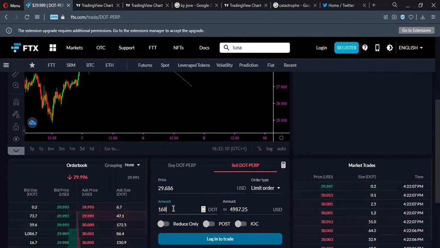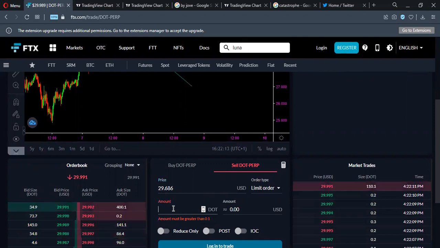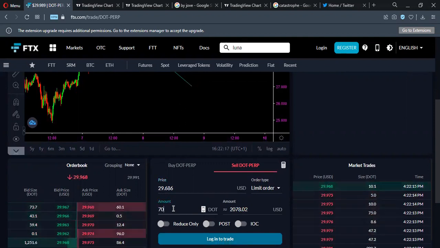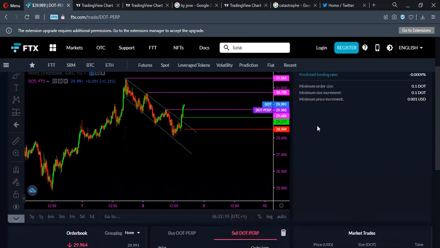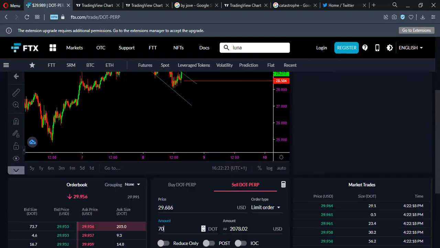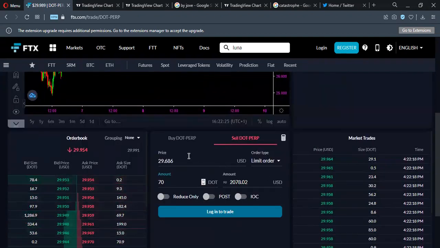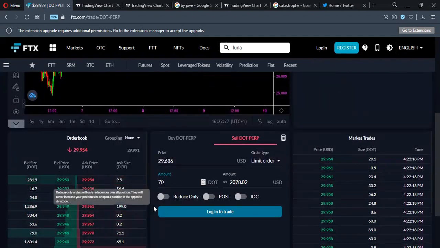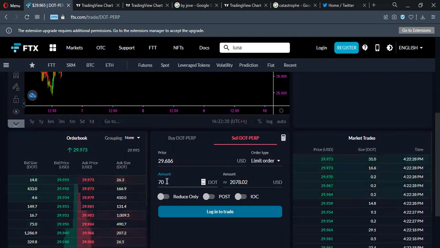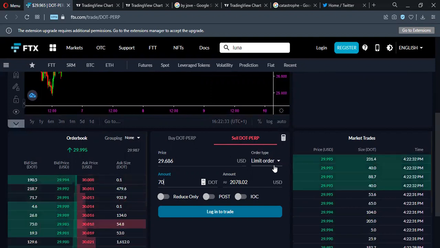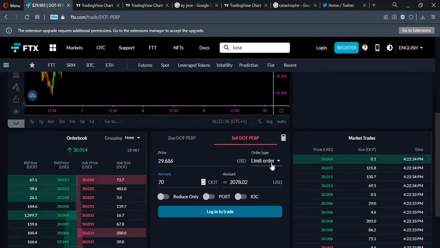We might decide to close, let's say, 70 units of this DOT at the first target, 29.686. To do that, put 70 as the quantity you want to close, put the price you want to close at, and remember you're using a limit order.